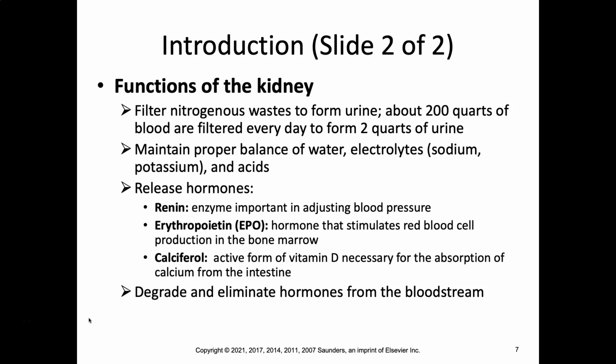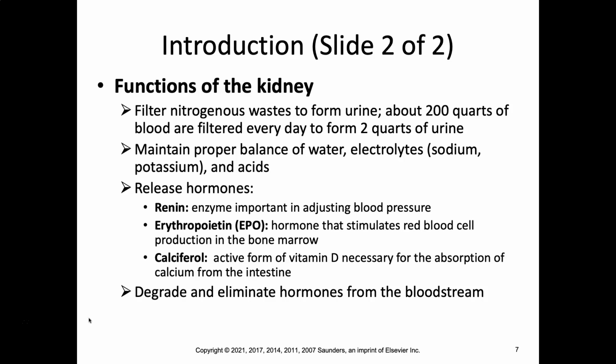A couple of other things that the kidneys do is they release hormones. They release renin, which is an enzyme important in adjusting blood pressure. They release erythropoietin, EPO. It's a hormone that stimulates red blood cell production in the bone marrow. They also release calciferol. This is an active form of vitamin D that's necessary for the absorption of calcium from the intestine.